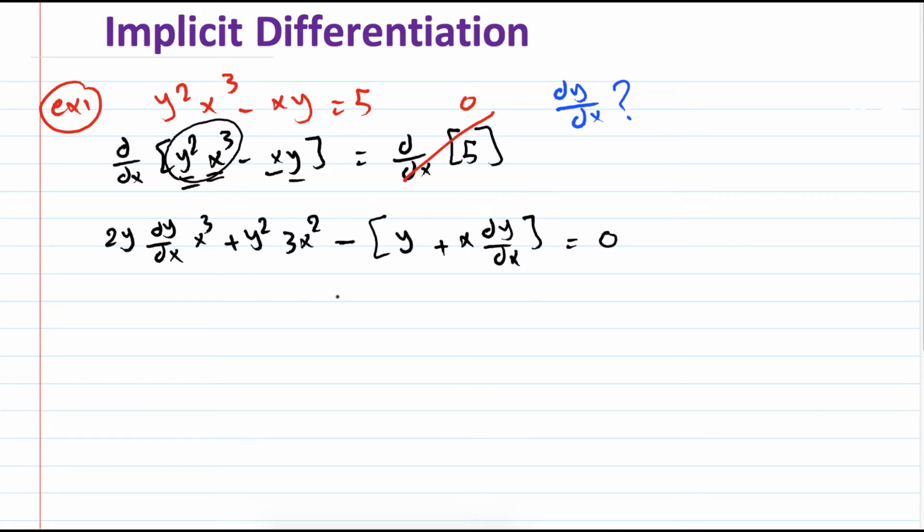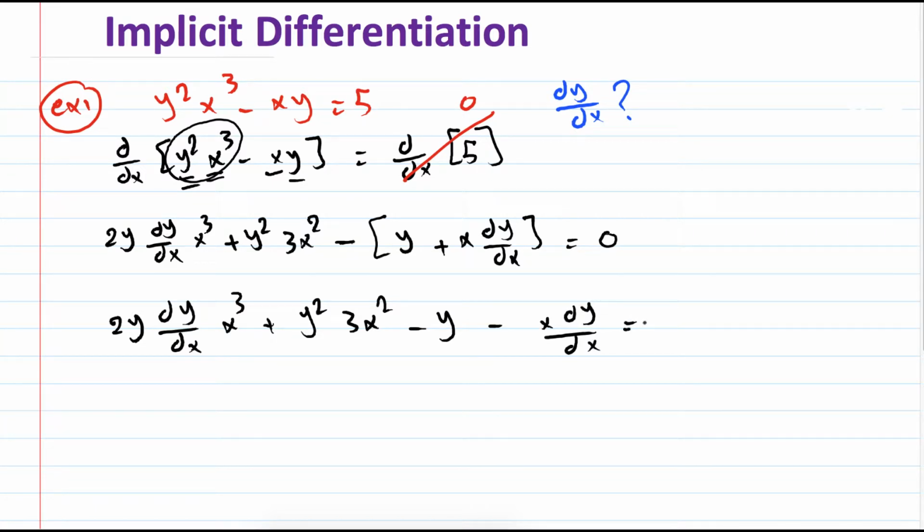Okay, so let me simplify this a little bit. So I have 2y dy over dx times x to the 3 plus y to the 2, 3x to the 2 minus y minus x dy over dx equaling to 0. So now what I'm going to do is I'm going to put all those terms that have dy over dx on the right hand side and then the rest on the left hand side.